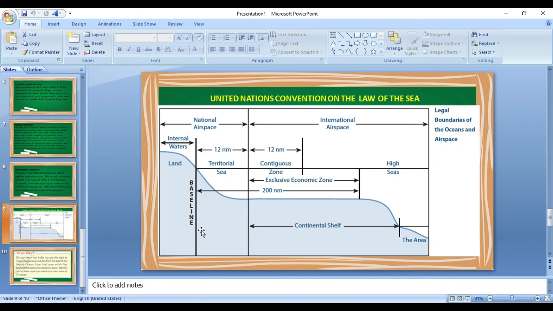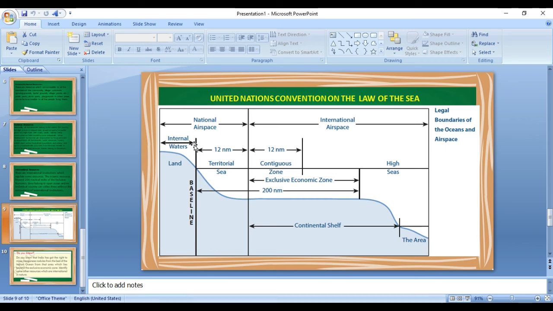Right. Now look at this. This is our baseline. Now this baseline is drawn just after some water here, right? So this water from here to here, why have we drawn this baseline? If you look at the coastal area of any country, including India, the coast is not a straight line.